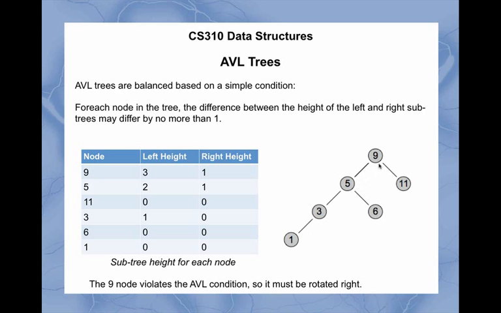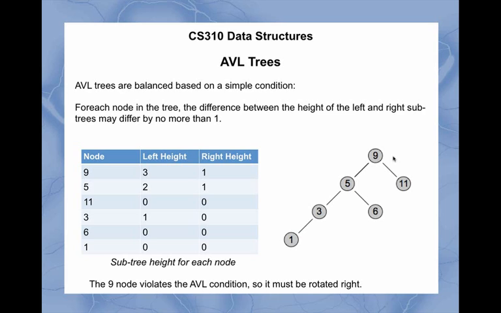Therefore, the height of the left side of the 9 is 3. This is the longest path. It's 3. On the right-hand side, there's only 1, and the height is 1. Therefore, the difference is greater than 1. The difference is 2. The 9 violates this AVL tree condition.